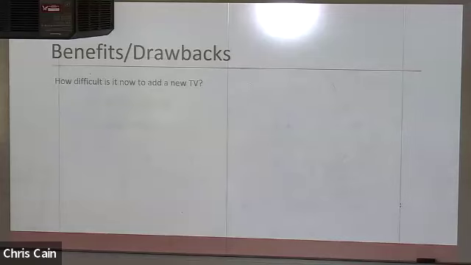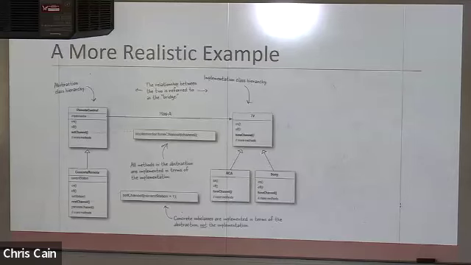First of all, how difficult is it to add a new TV? Simple, you just add a new TV, right? It's going to inherit from TV, so it needs to be able to turn on and off and tune the channel and whatever other methods are there.